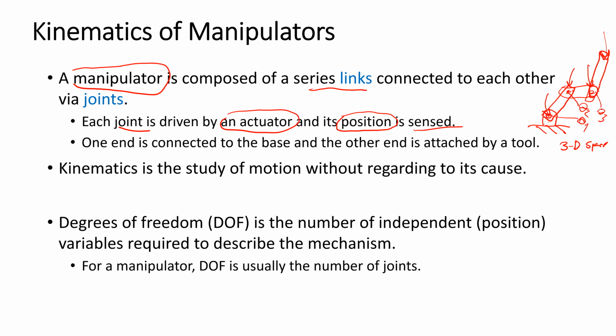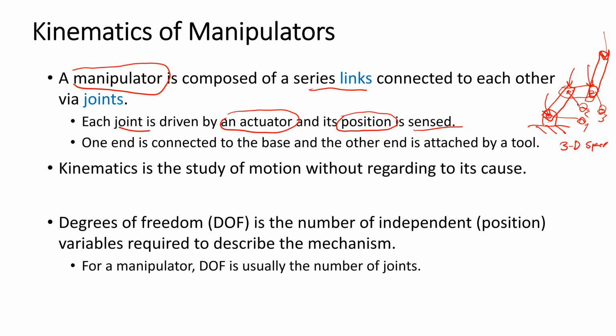This is if the joint of the robot is a revolute joint. But in our class, in some examples, we also talk about when the joint is a prismatic joint with linear motion. The joint position in that case is also a linear position. We will talk about that next week.